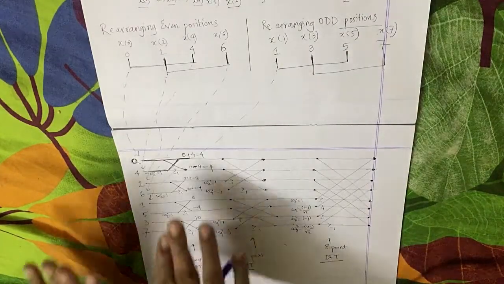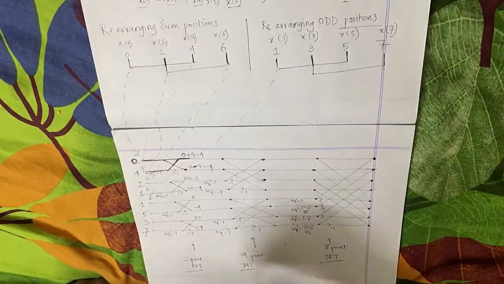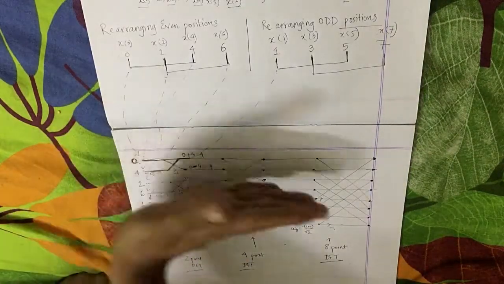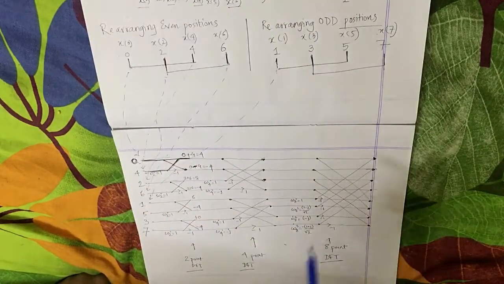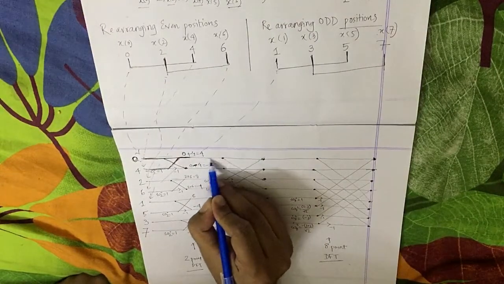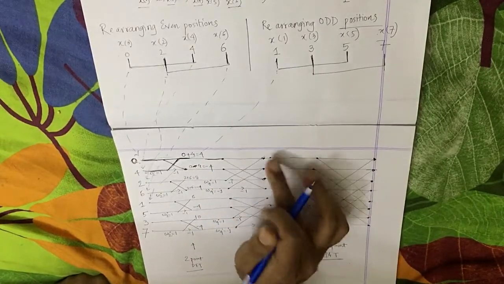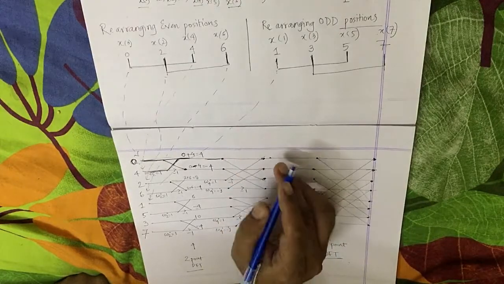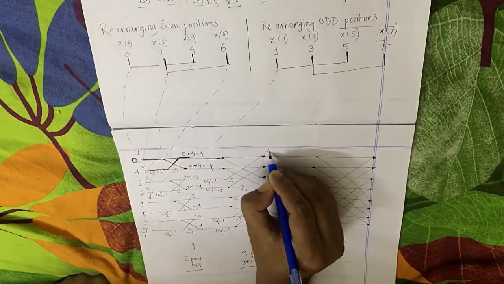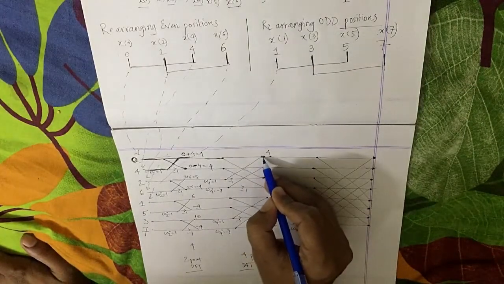So the 2-point DFT part is done. Next step is to go through the 4-point DFT section. So as you can see here, this 4 goes as an input. At this position, if we try to figure out, this 4 should be added with which one?